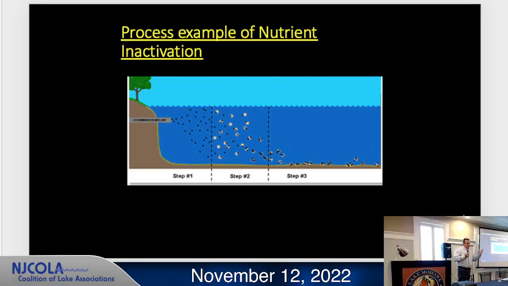So think about it: I've got these nutrients coming into the lake, which is step one. Sediment, positively charged particles, but we're mainly focused on phosphorus. Step two is we apply our product, whatever it may be, alum, PAC, Phoslock. It binds. It's going to stick.